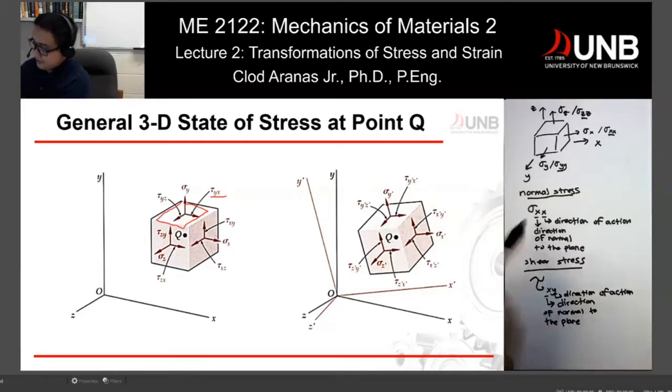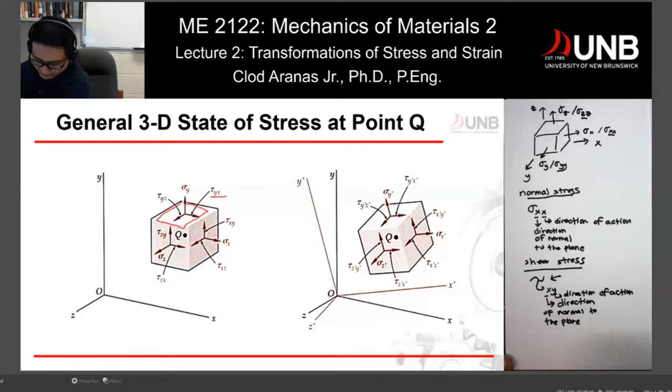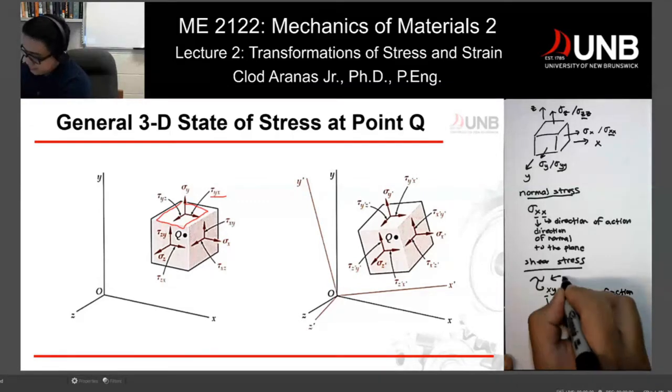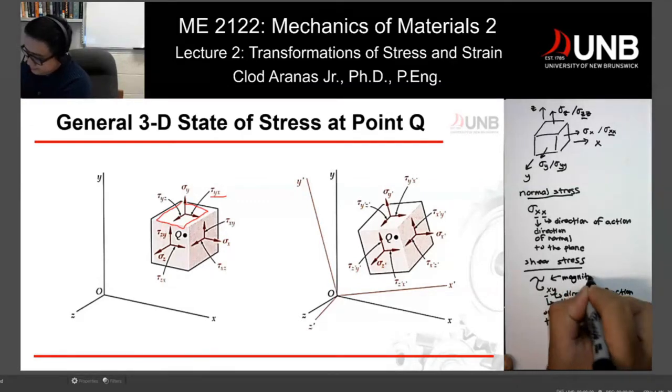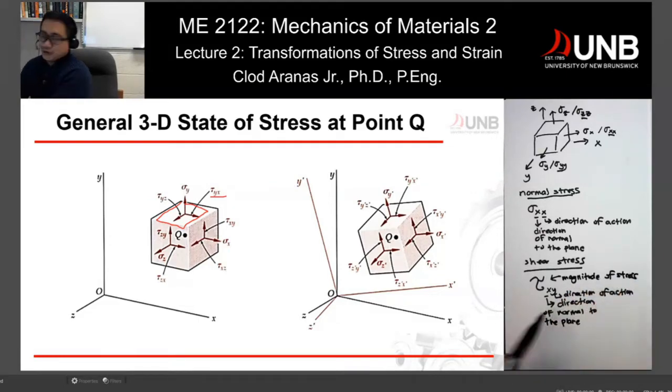Of course, the tau right here would be the magnitude of stress. So you have the magnitude, you have the plane, and then you have the direction of action or direction of stress.